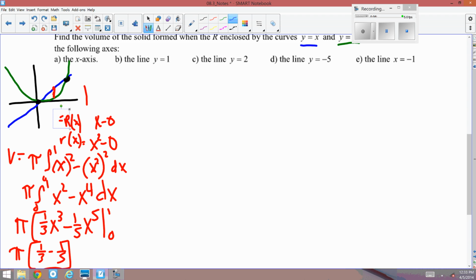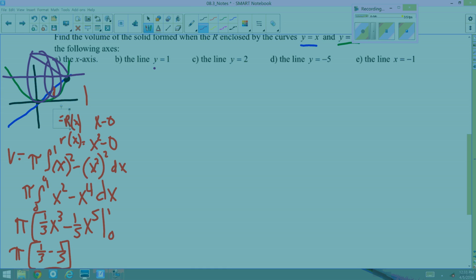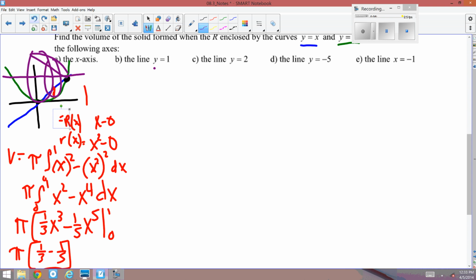All right, now we're going to rotate it about the line y equals 1 here. So we're going to have this shape, and it's going to be rotated around. Okay, back to this. So if I was going to draw my big radius, it would be from this line. So my big radius is going to be 1 minus x squared.